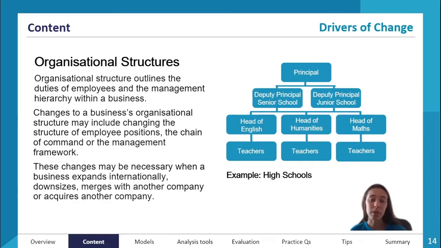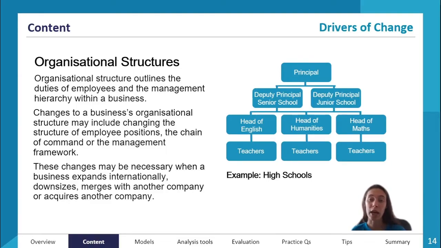And changes to a business's organizational structure may include changing the structure of employee positions, the chain of command, so who's in charge, or the management framework. And these changes may be necessary when a business expands internationally, downsizes, merges with another company, or acquires another company.